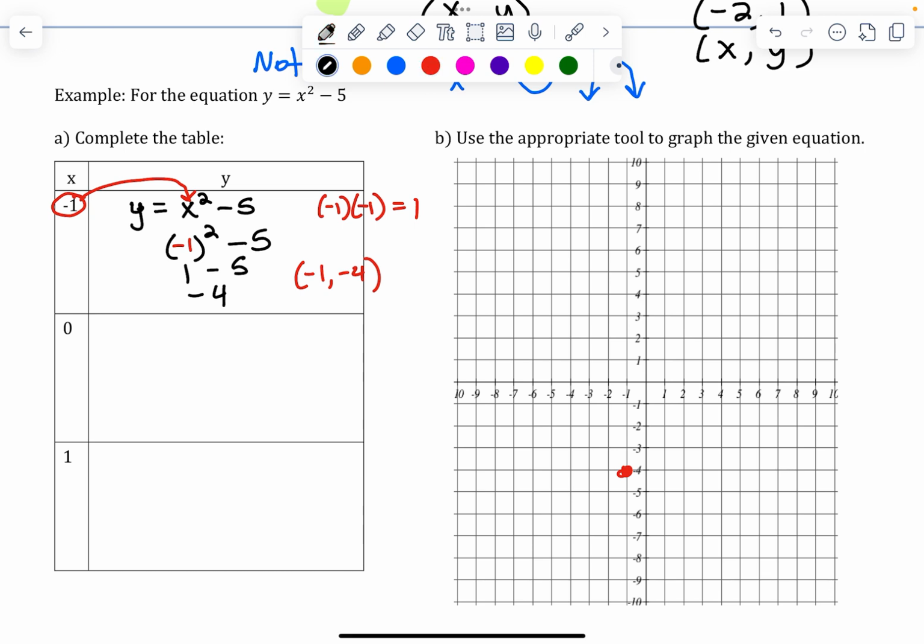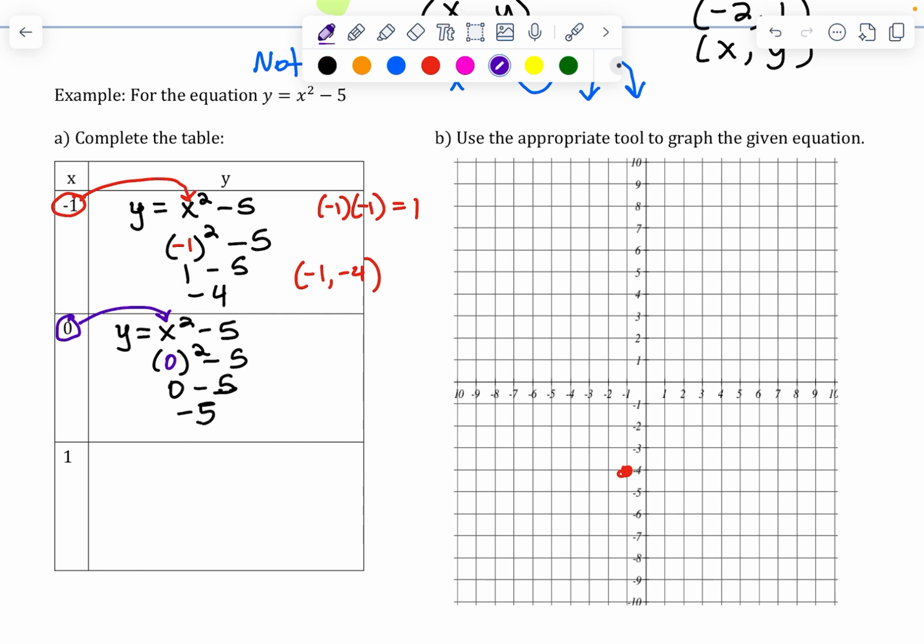Then we're going to do it again. This time we are plugging in 0 for x. So we get 0 minus 5, which is -5.